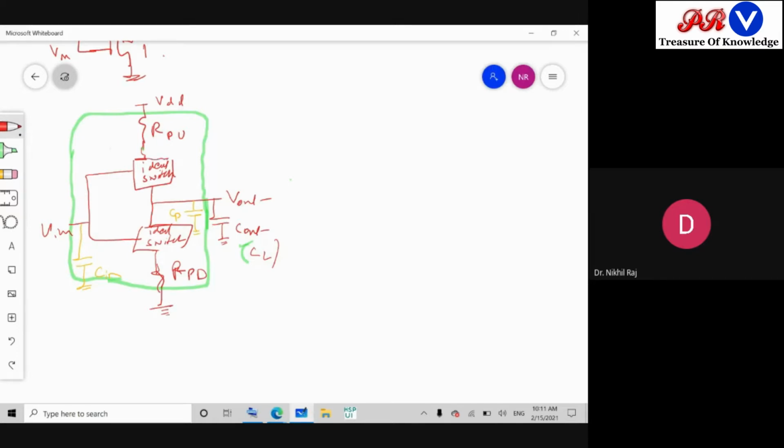Now when I scale by S, let's say S is a factor by which I scale the dimension, what will happen in that case? Whether any change should be there in VDD, we'll see here. This is an ideal switch, and here also it is an ideal switch.